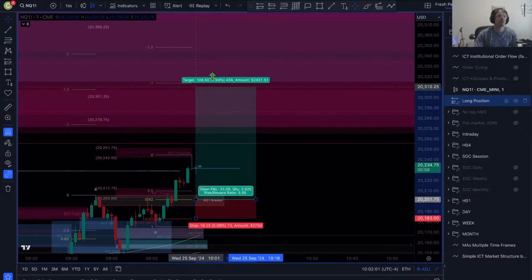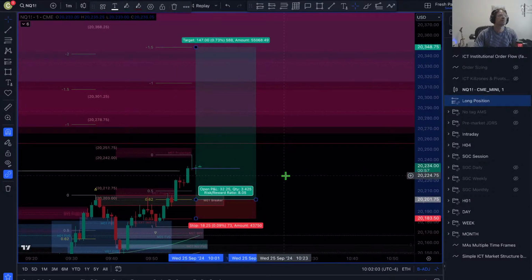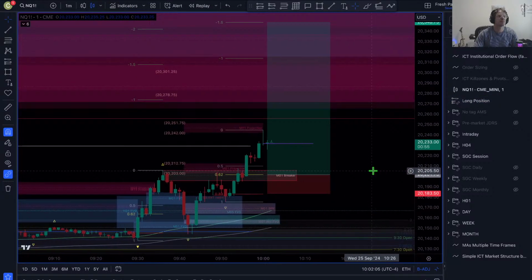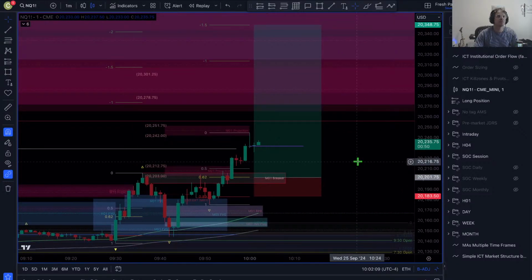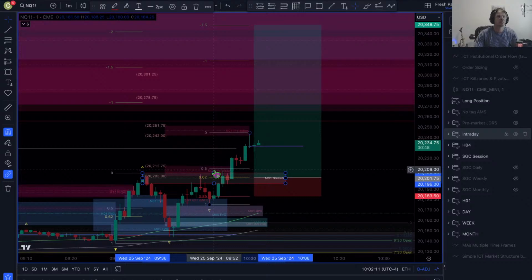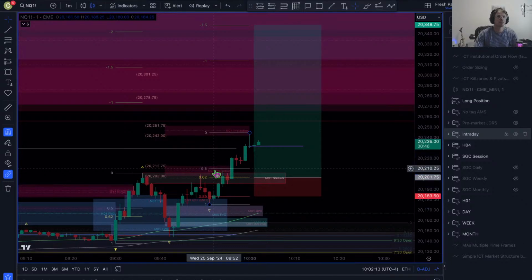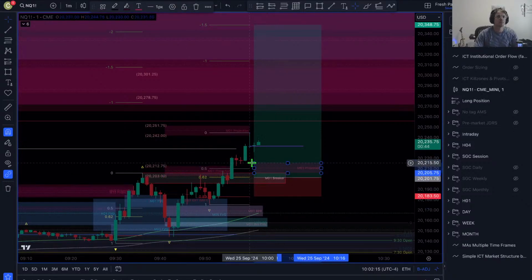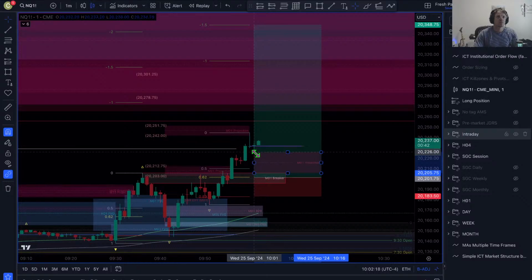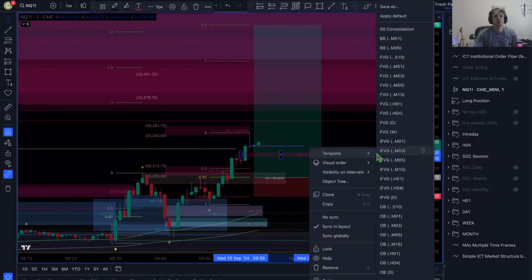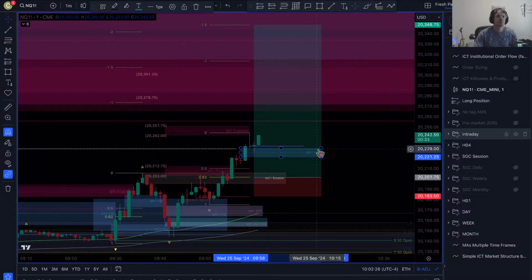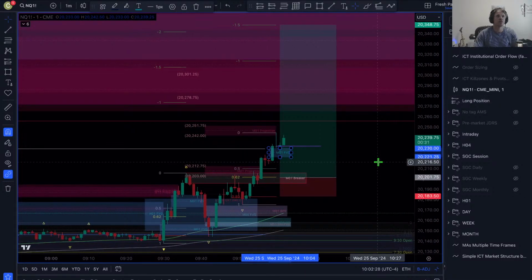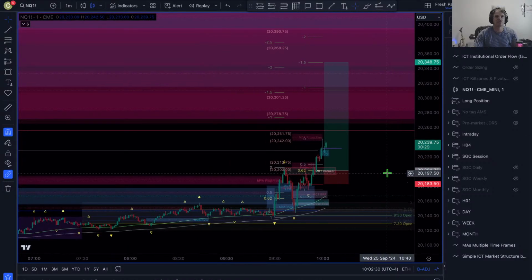The stop would, right? Further move up, I would pull off this trade if we hit.